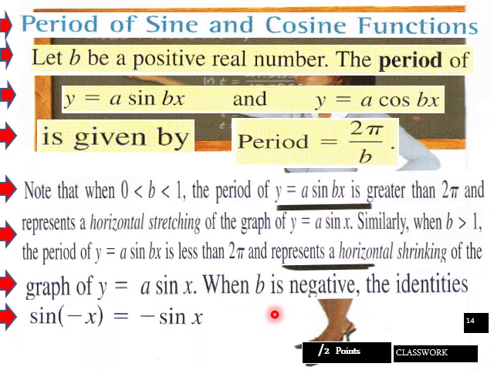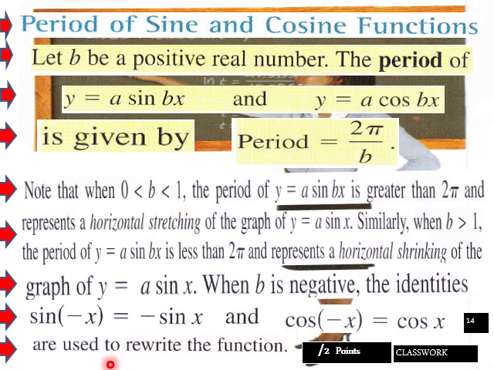When b is negative, the identities sine of negative x equals the negative of sine x, and cosine of negative x equals just cosine x, are used to rewrite the function. So keeping that in mind, take this down on your classwork sheets.